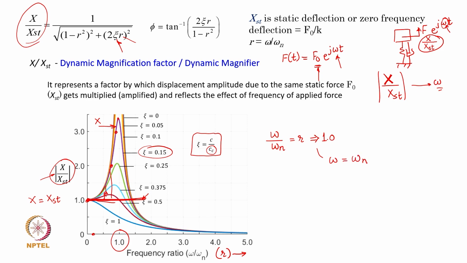There is an amplification in the response, which we all know is referred to as resonance. When the frequency nears the natural frequency, the response amplitude is amplified and the system vibrates with very large amplitudes.